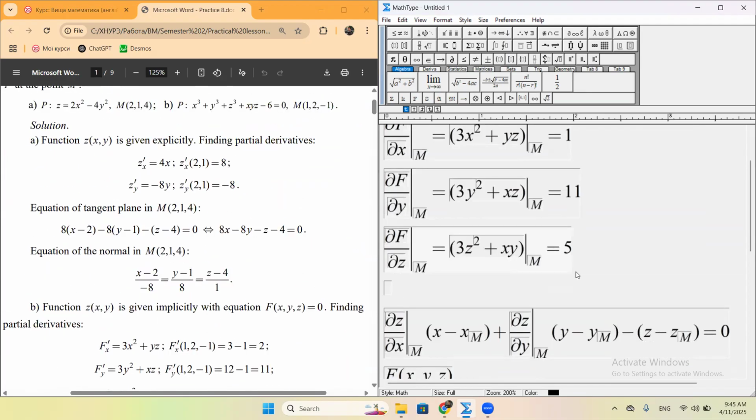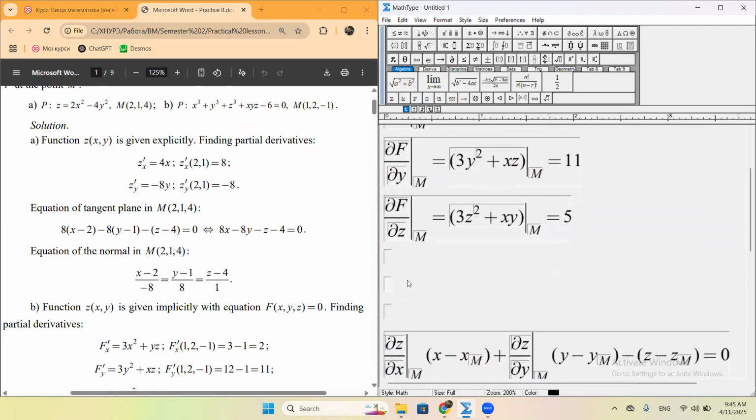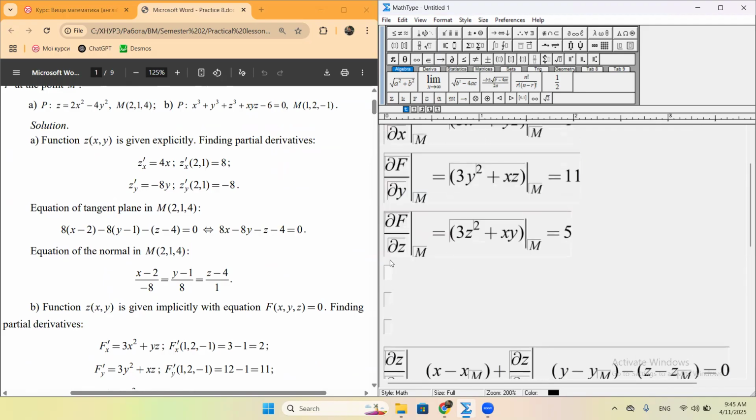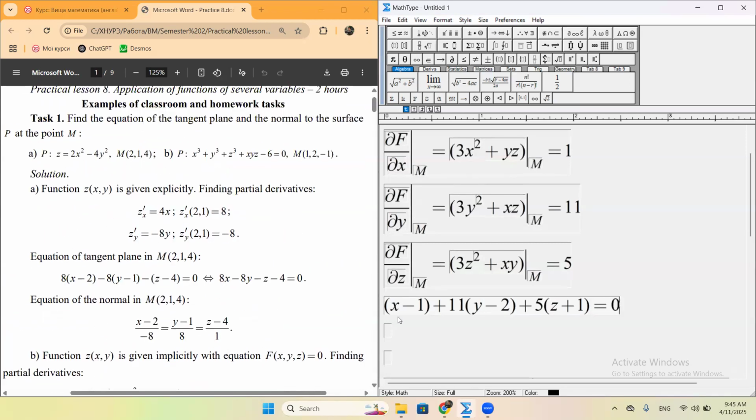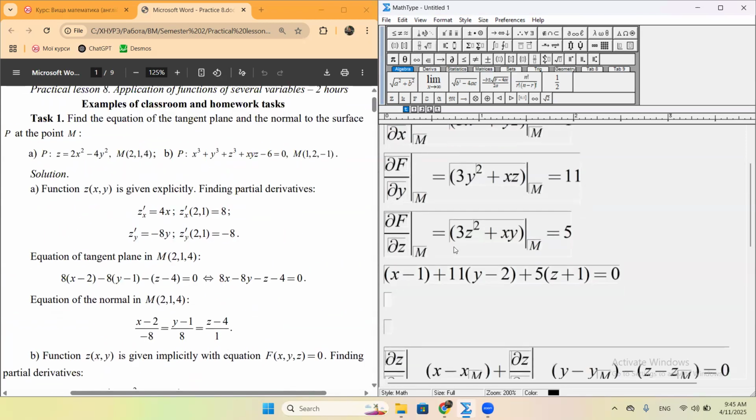And now let's write down the equation of the tangent plane. So x minus 1 plus 11 y minus 2 plus 5 z plus 1 equals 0. So this is the tangent plane.